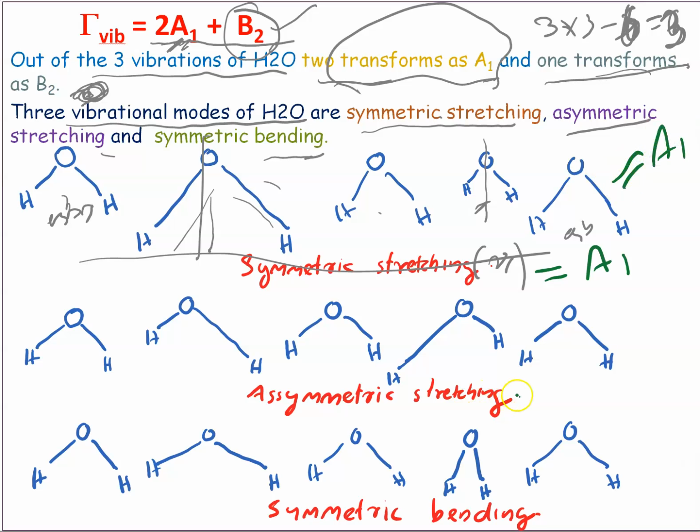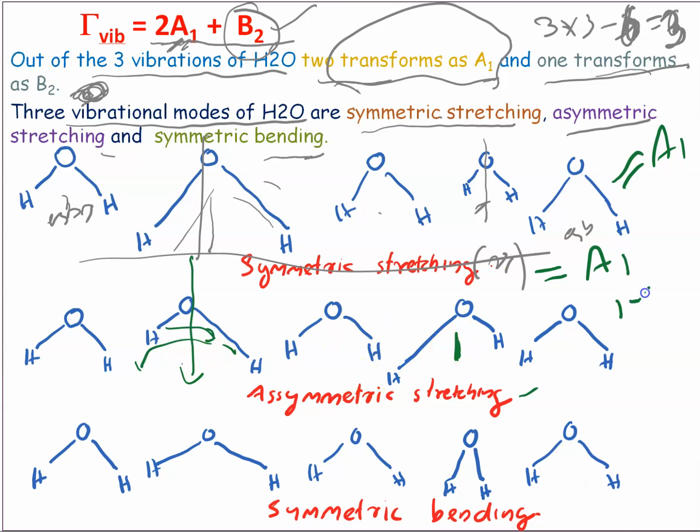And asymmetric stretching. In asymmetric stretching, if we apply the E operation, there will be no change. Therefore, the character is 1. But if we apply C2 here, this long bond becomes here, the short bond becomes here. Therefore, it looks like the other extreme, this one. That means its orientation becomes reversed.